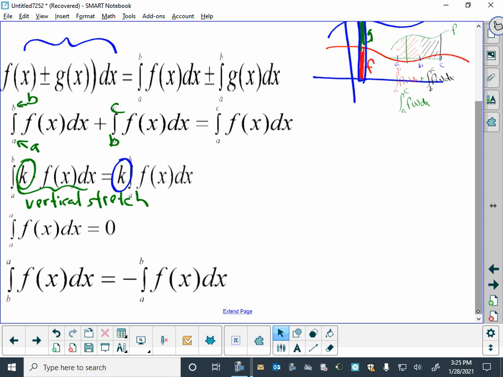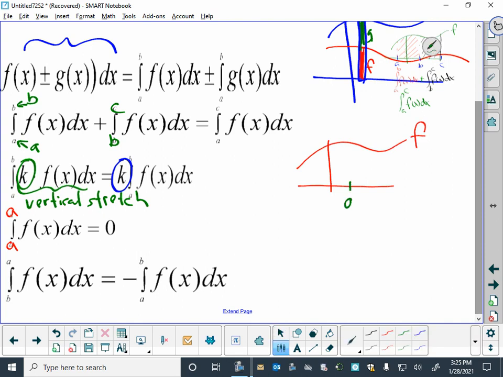Okay, I don't know if you can see this one clearly on here or not, but this is the definite integral from a to a of f of x dx, and it says that's always going to be equal to 0. Well, the idea there is that if here's our function f, if we go from a to a, then our Riemann rectangle has a width of literally 0, and so the area can be nothing but 0.